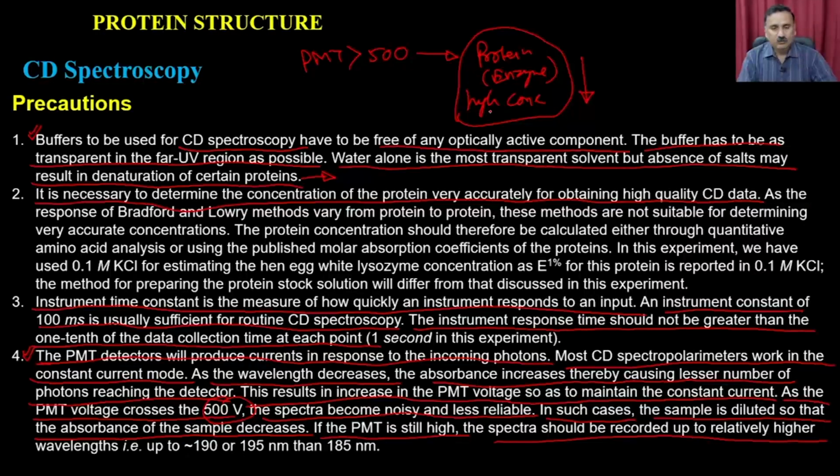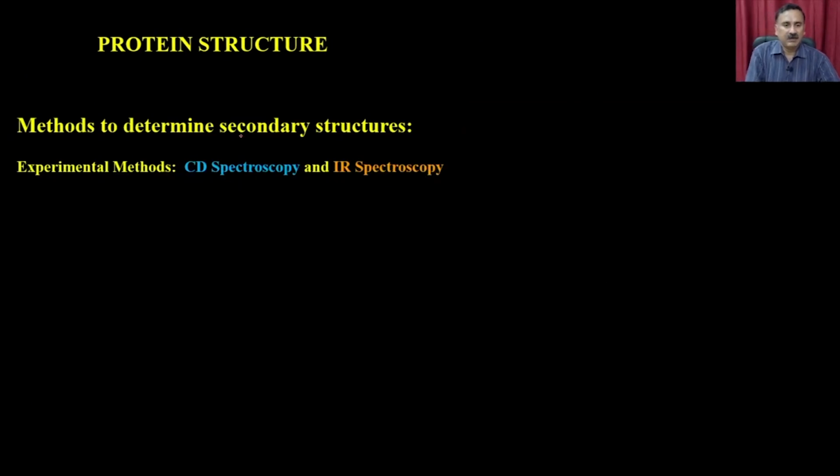We also discussed how to perform CD spectroscopy, and my colleague Professor Chaudhary has shown you a complete demo of how to record CD spectra and how you can analyze them. Now let's move on to the next method of determining secondary structure, which is IR spectroscopy.